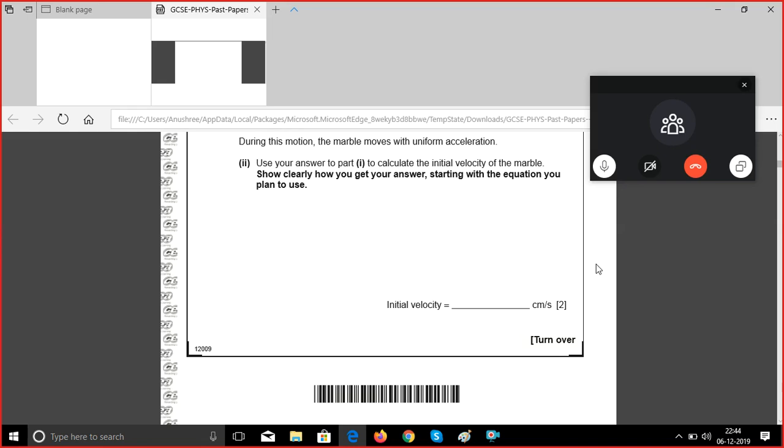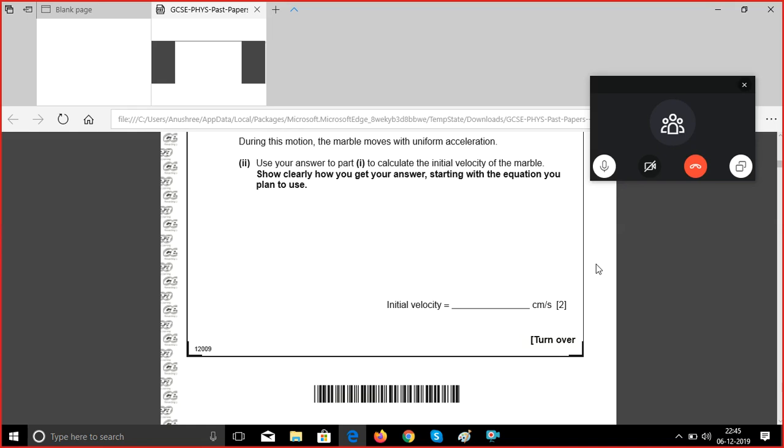So initial velocity is 0, and final velocity is 12 divided by 2. Oh wait, no. We don't know the initial velocity, so we need to rearrange the equation. So u plus 12 over 2.